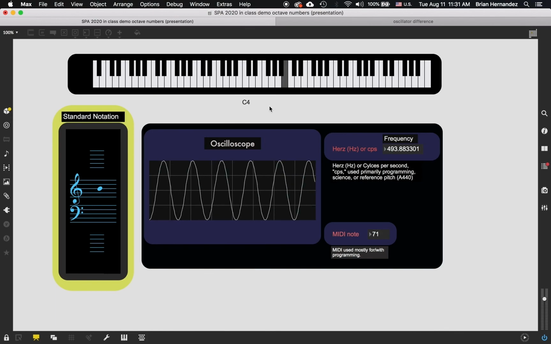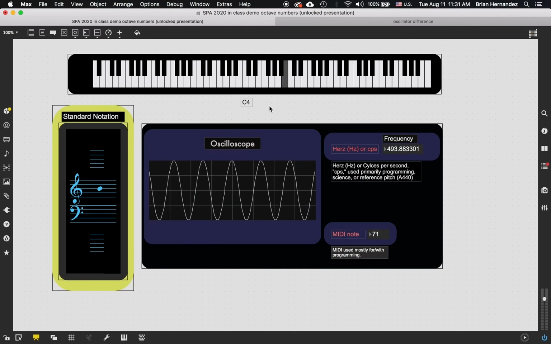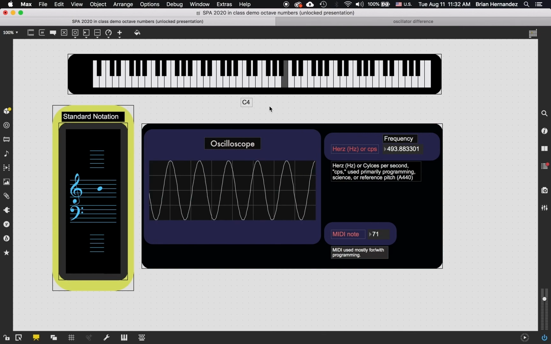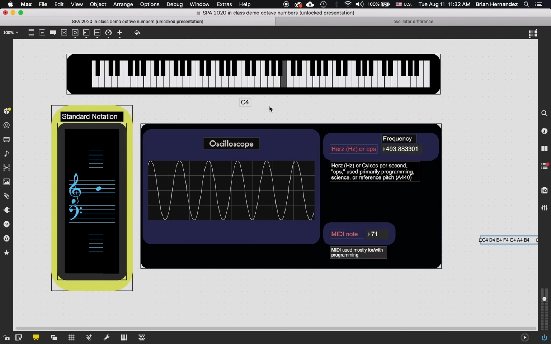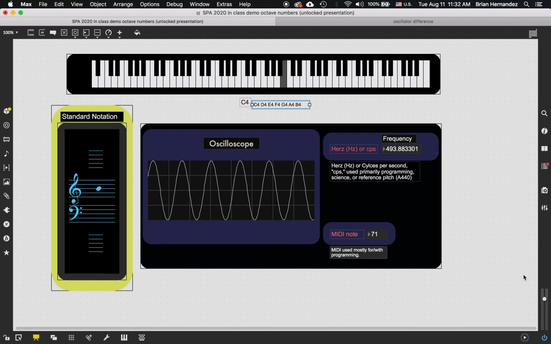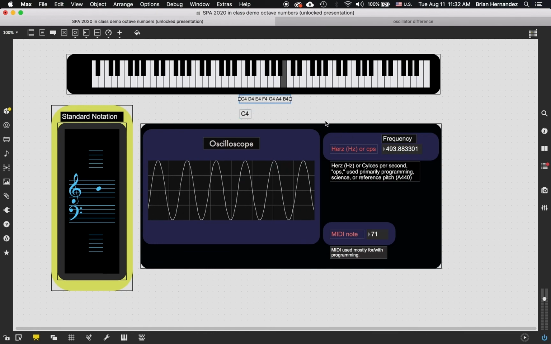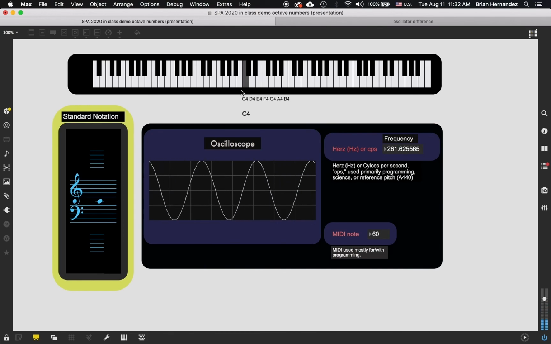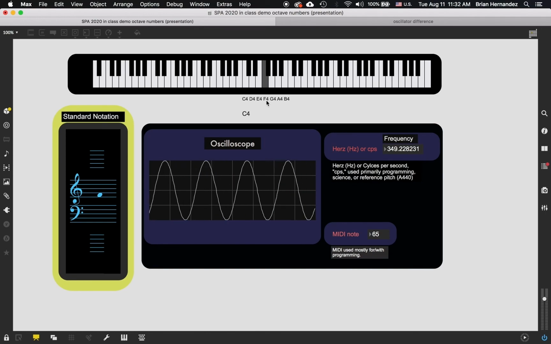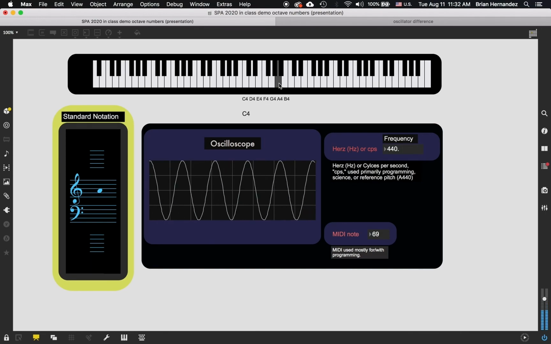The way this is going to look on your paper, the one that you will use for notes, will be like this. C4, D4, E4, F4, sorry, G4, A4, B4.